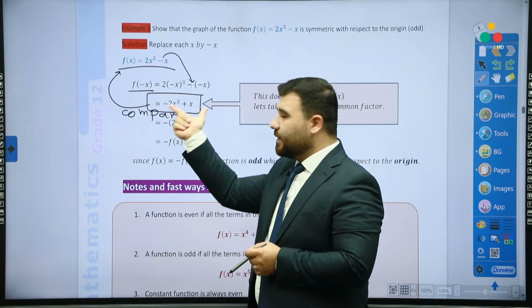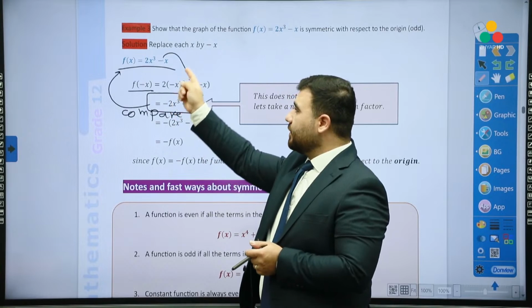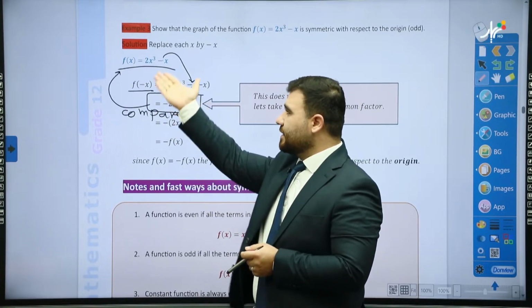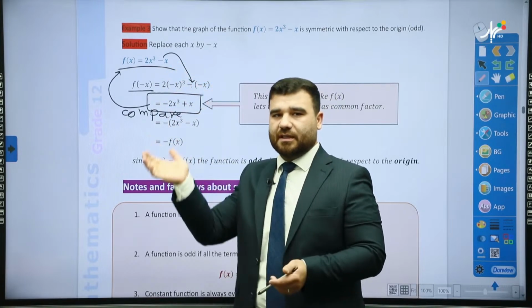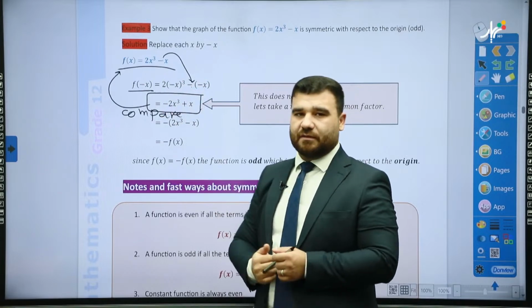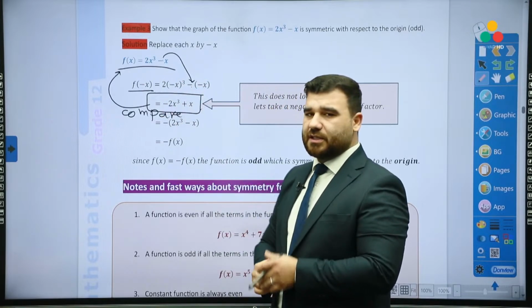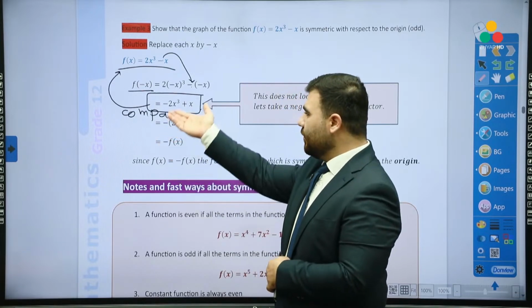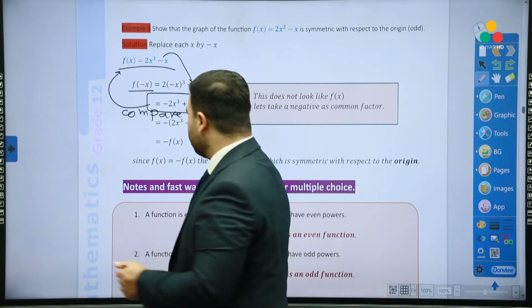If it does, it means the function is even. After we replace x with negative x and simplify, if the result is the same as f(x), the function is even. But here I have a result which is not the same as f(x). This means this function is not even. But it doesn't mean that it's directly odd. We need to complete the test.